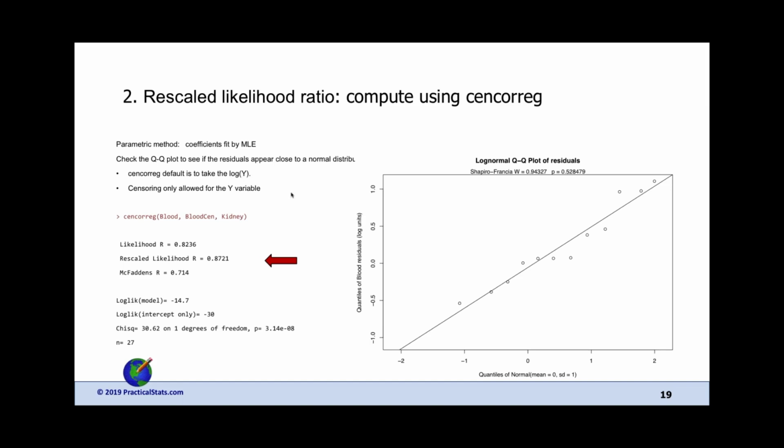And what it will do is give you back these likelihood R statistics without having to compute them in a couple of lines of code. It gives you back this QQ plot for the residuals as well. And this is for the blood lead data. So the rescaled likelihood R correlation coefficient is 0.87, so that sounds like a pretty strong correlation with just this one variable.